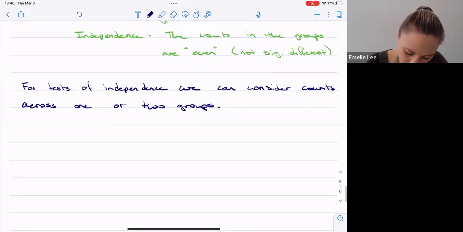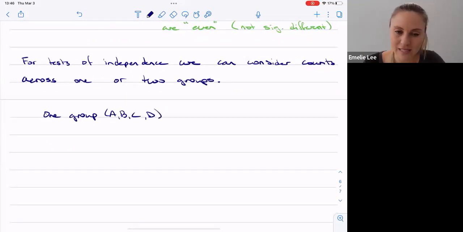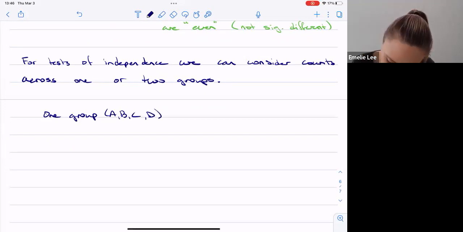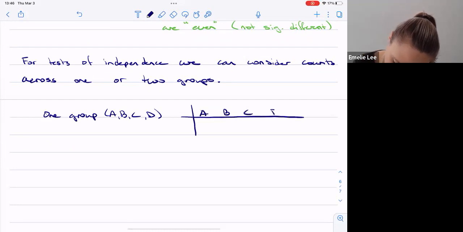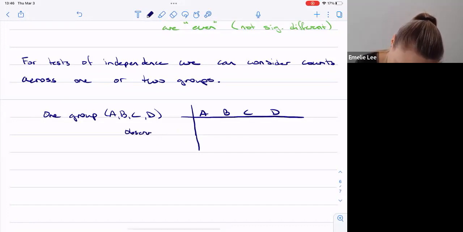Okay, so if you have 1 group, maybe with A, B, C, D options, then you would have something like this, A, B, C, D. And then you have your observed counts. And then you would have your expected counts.